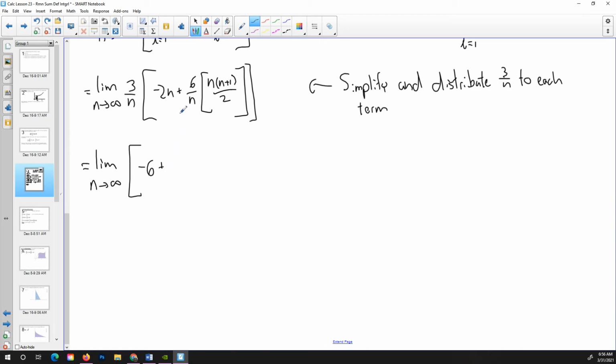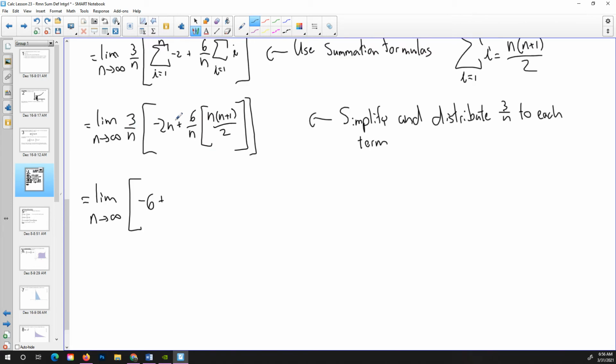Okay, let's see here. If I distribute here, when I go to do this multiplication, this n and this n will cancel out. 3 times 6 will be 18. Again, these two n's cancel out, so all that's left on the top is n plus 1. And then on the bottom, I've got n times 2, so I will have a 2n there.